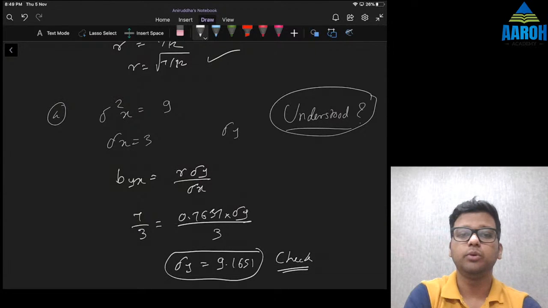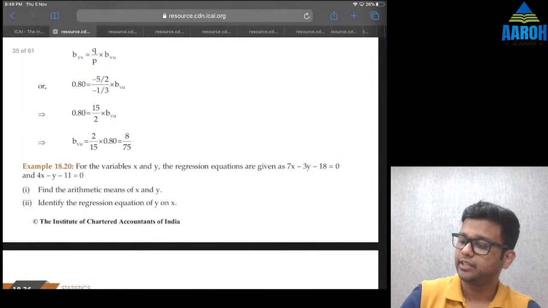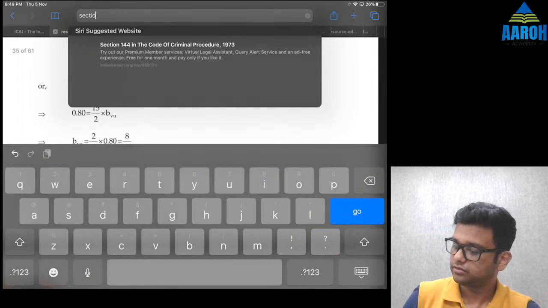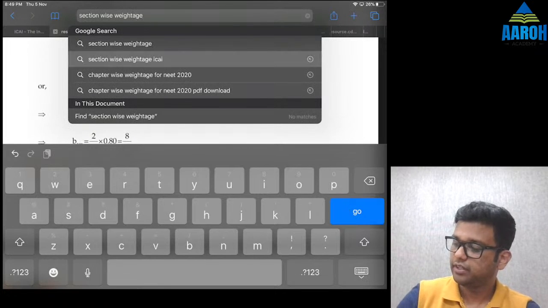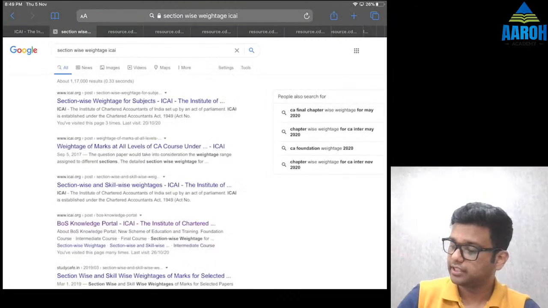I hope everyone knows about the section-wise weightage, which is available on the Institute's website. Everyone must know about this.